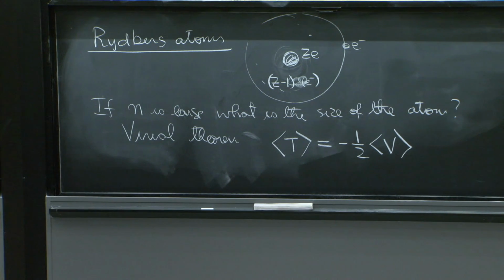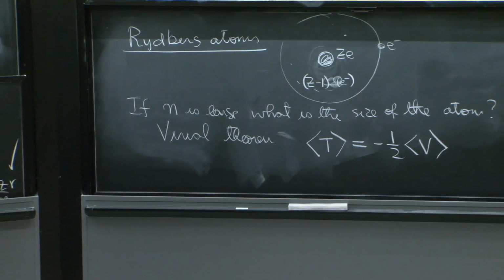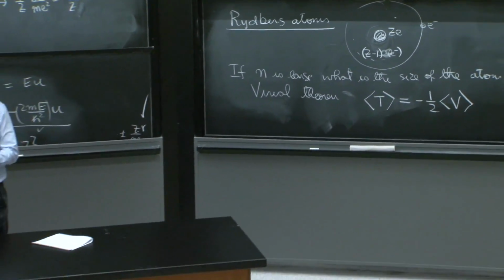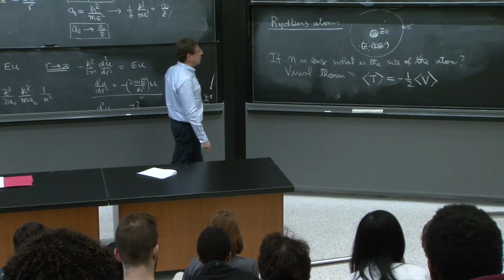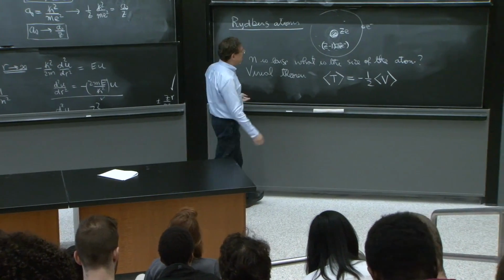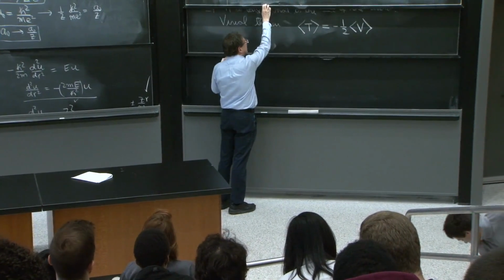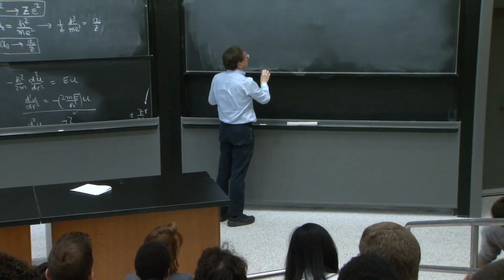There is this relation between the expectation value of the kinetic energy and the potential energy. You've seen that result probably a couple of times already in this course. Because it's a really important result. It looks like, okay, just a theorem about these things, but the intuition is really important.